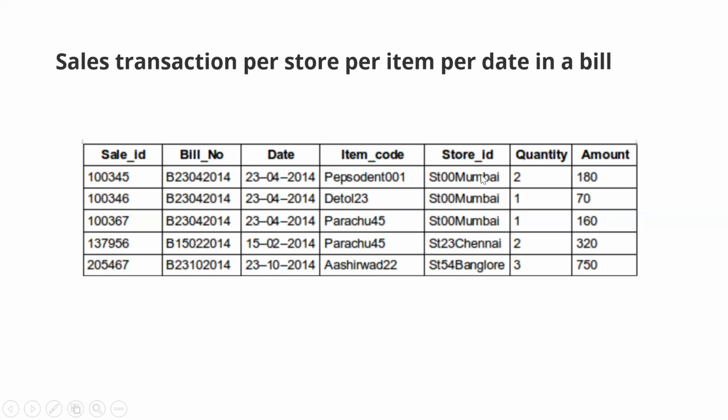So sales transaction per store, per date. Here it should also be mentioned per product, I have skipped it. So sales transaction per store, per item, for a particular date, so it's per date in a bill. This is called the grain of the fact table.